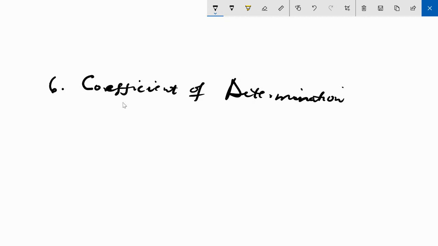Remember, he told you to find this. So the procedure is still the same. How do you find the coefficient of determination? You know it's SSR over SST. So this is what we're going to cover.